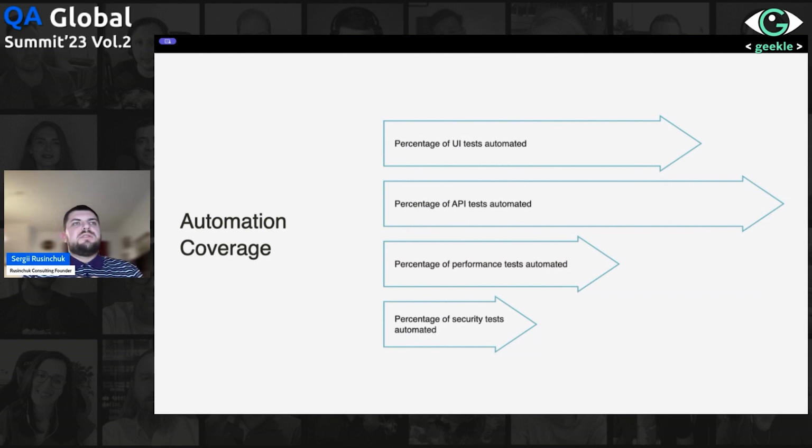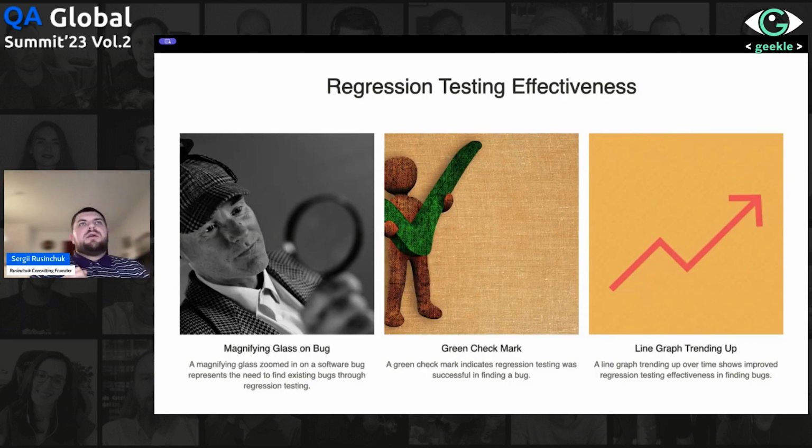By having this metric, you could also have some figures on how your software is covered by automation, to see the tendency of how to improve your automation, what is left, and to have the full picture of your automation coverage.